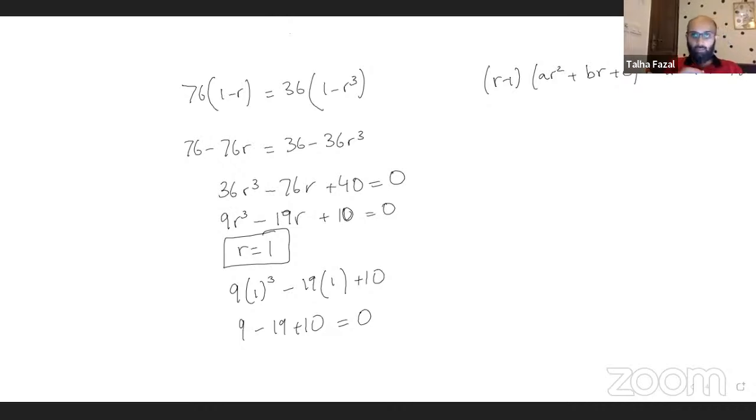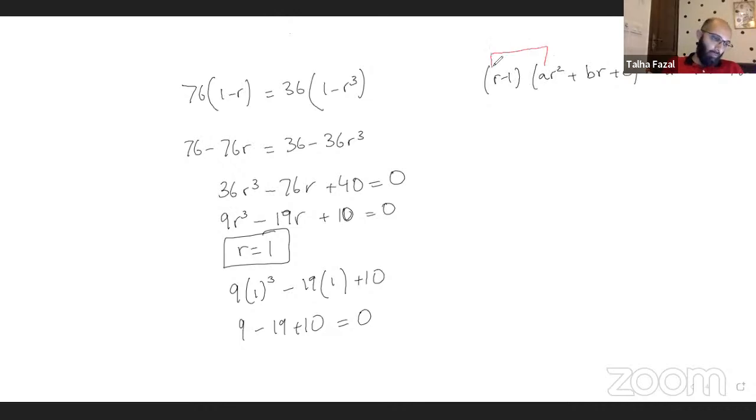At this point, you can use synthetic division or long division to find the values of a, b, and c, or you can compare the coefficients of the two sides. I'm just going to use the comparing coefficients method.